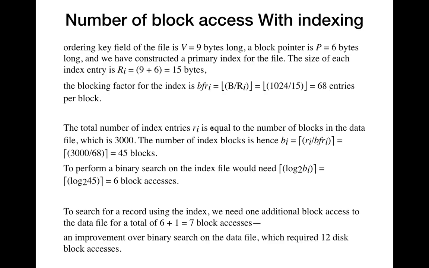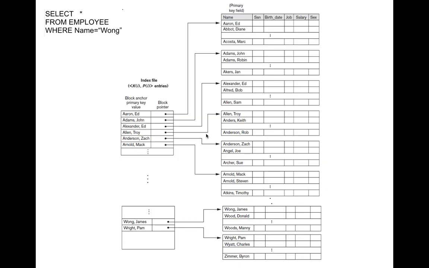Now let's see how many index entries there are in total. We had seen that the number of index entries would be equal to the number of blocks, and the number of blocks in this example is 3000. So there will be a total of 3000 index entries over here.